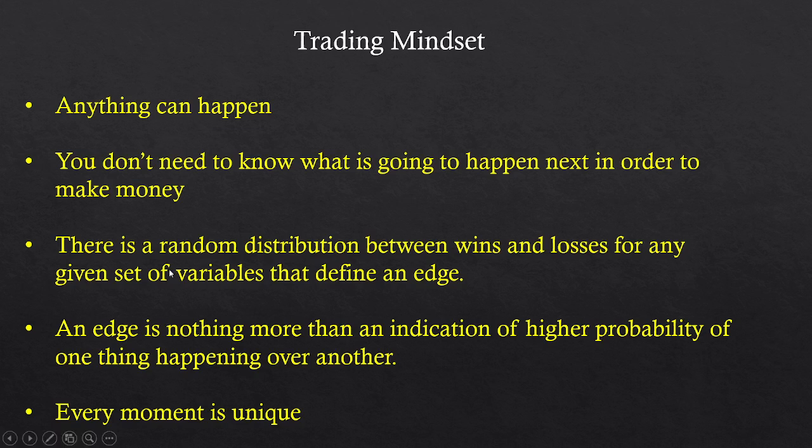Now, the third point is there is a random distribution of wins and losses for any given set of variables. Whatever strategy you have, whether volume spread analysis, open interest, or COT, you will get a random distribution of wins and losses. You will take a trade, loss will come, profit will come, loss will come, profit will come.